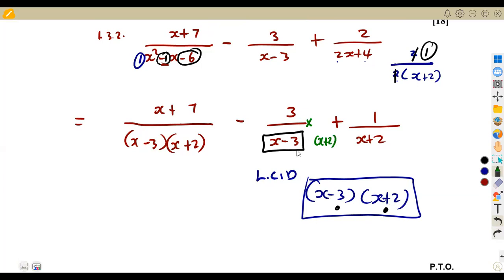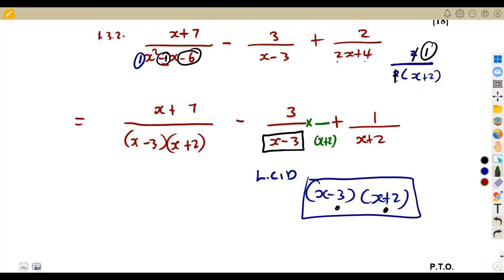But I do not just multiply in the denominator only. I have to also do it in the numerator. So I'm going to use x plus 2 over x plus 2. If you consider, guys, what is x plus 2 over x plus 2? It is a 1. So we are simply multiplying by 1, and I told you that multiplying by 1 does not affect your question.